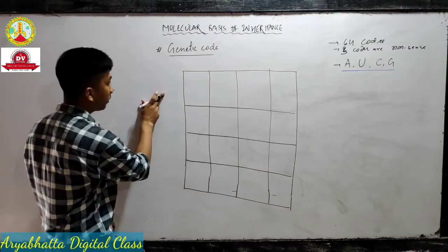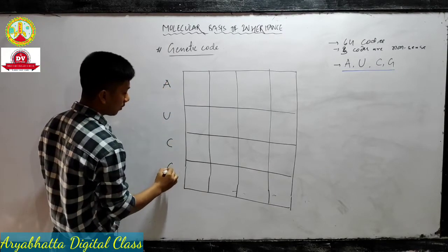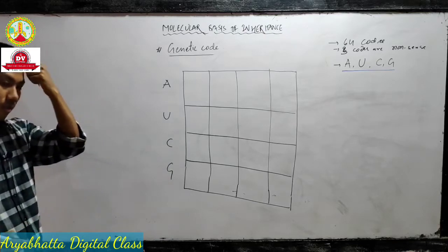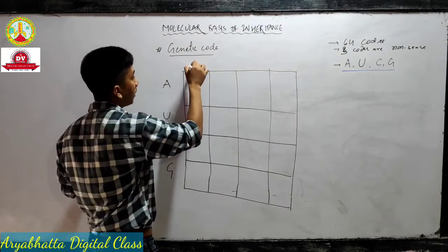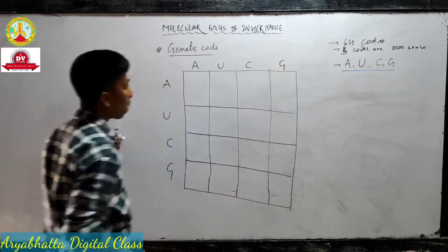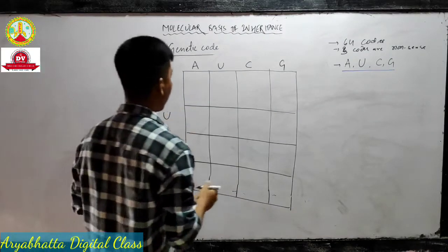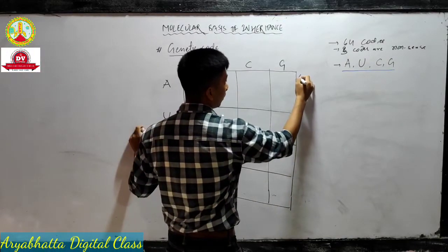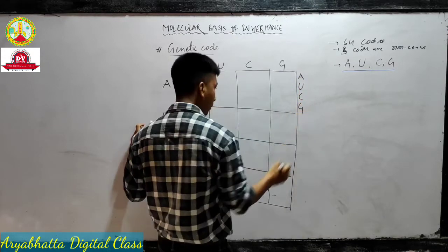First, you write A, U, C, G. This is the first step. In the second step, similarly, you put A, U, C, G. In the third step, you make A, U, C, G.